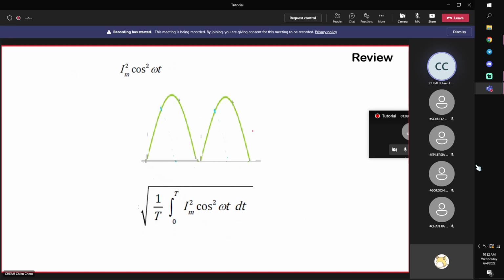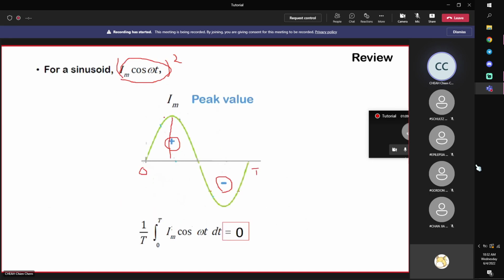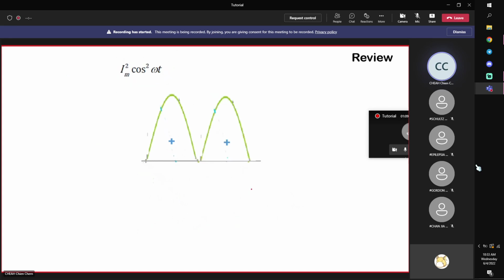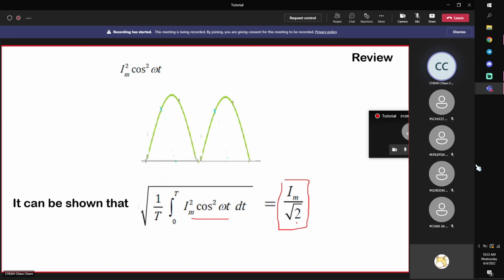What is Im? Im is the peak value. Which means that if you want to calculate the average current within one cycle, what you need to do is just take the peak value and divide by root 2. You take the peak value, divide by root 2, and that is the effective current, or the average current, within one cycle.